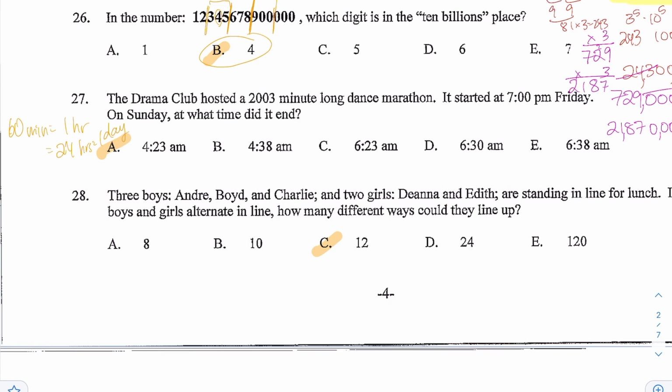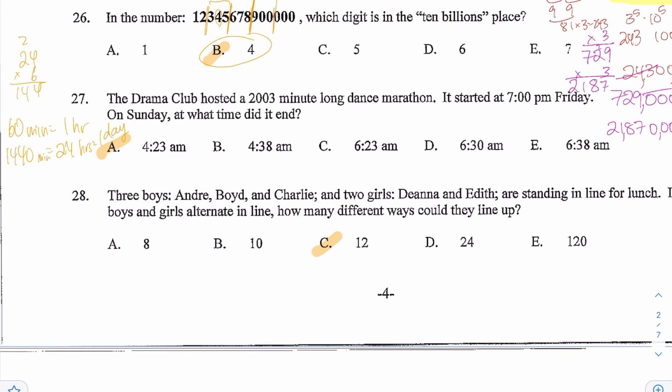So if you do 60 times 24, you'll have 1440 minutes in a day. So if you add another 1440, you have 2880. That'd be 2 days, so that's way too much.